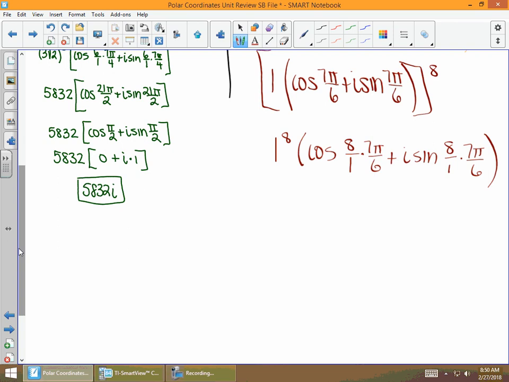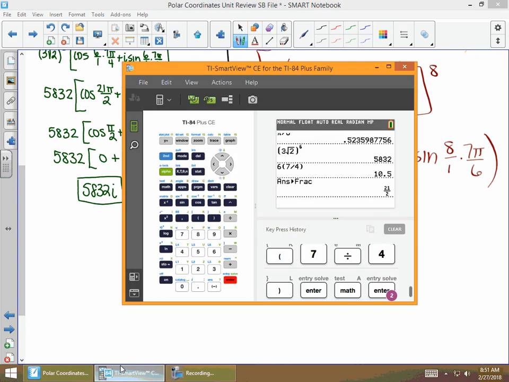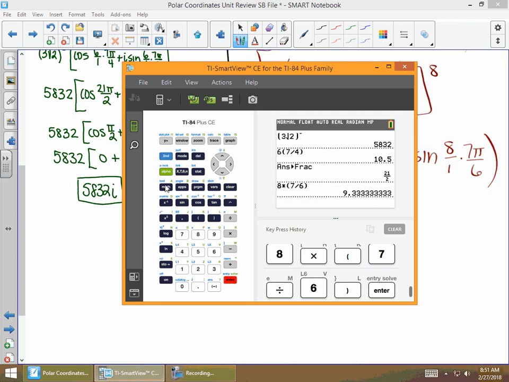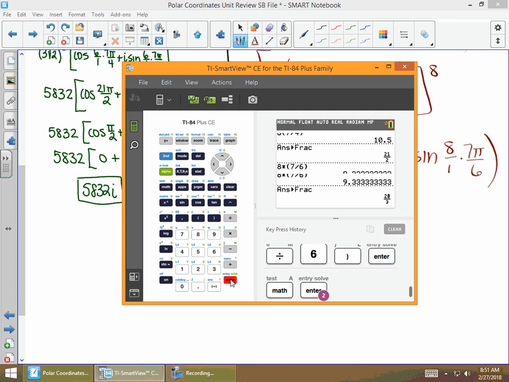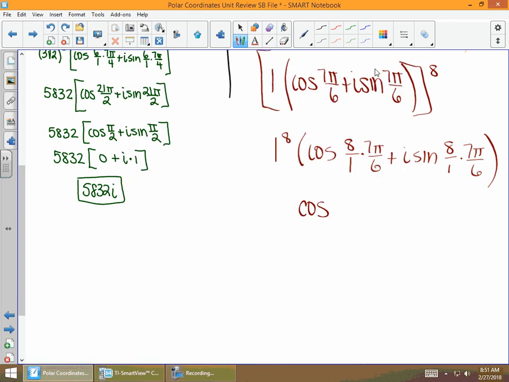1 to the 8th is just 1. Then 8 times 7 pi over 6 is 28 pi over 3.